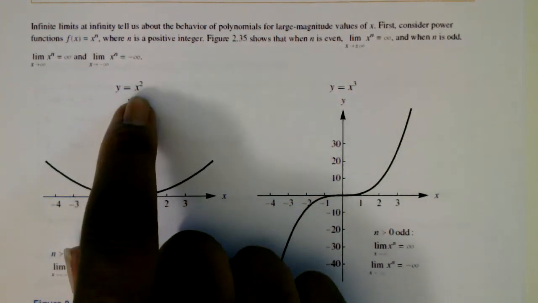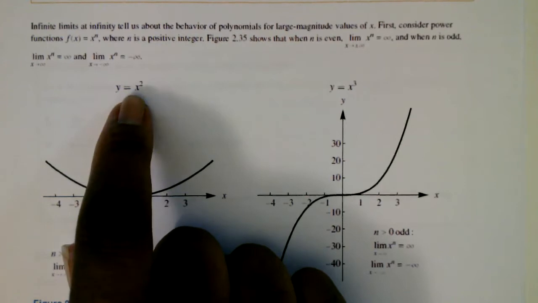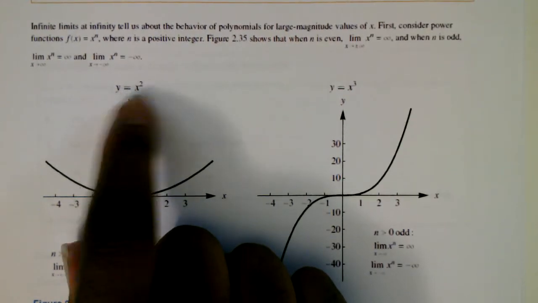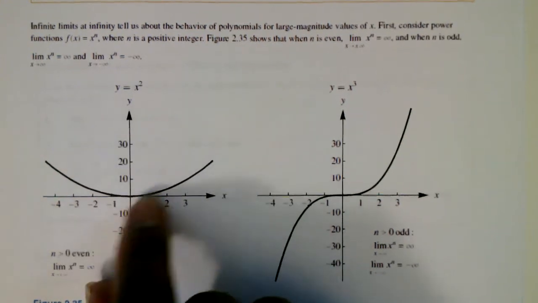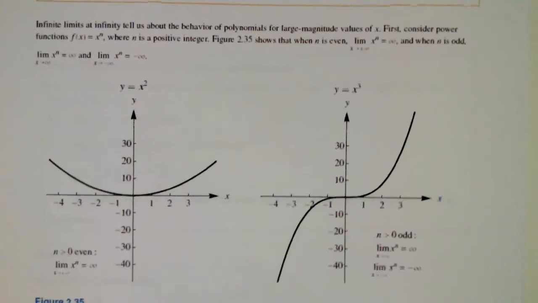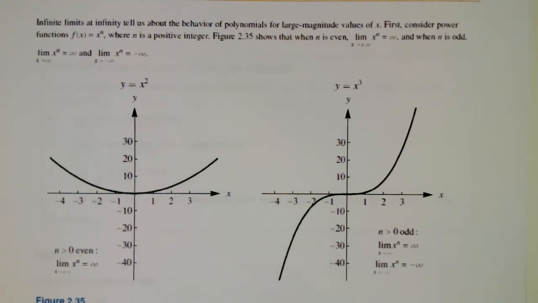In this case right here, a function where the power is even is this: y is equal to x squared. Here's what that looks like. So as you can see here, with n being greater than 0 and even, the limit as x approaches infinity of x to the power of n shoots off to positive infinity.